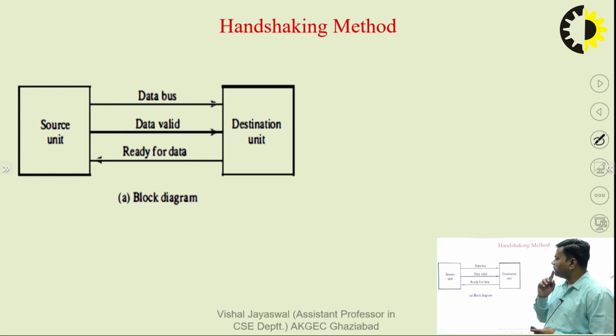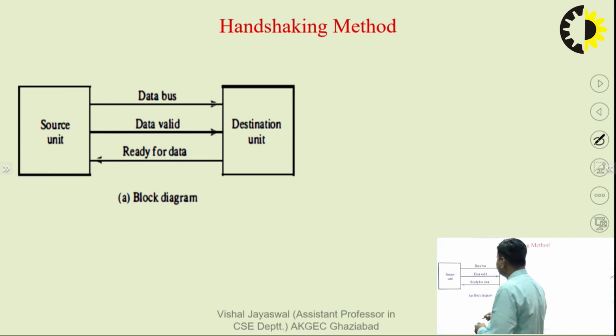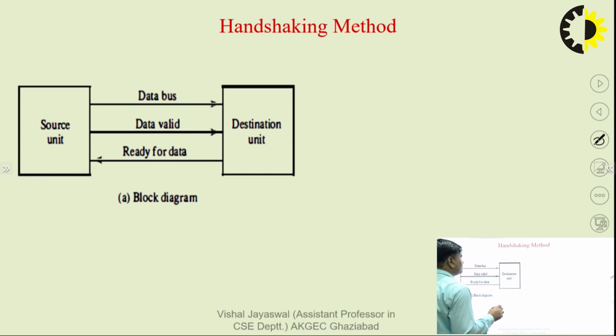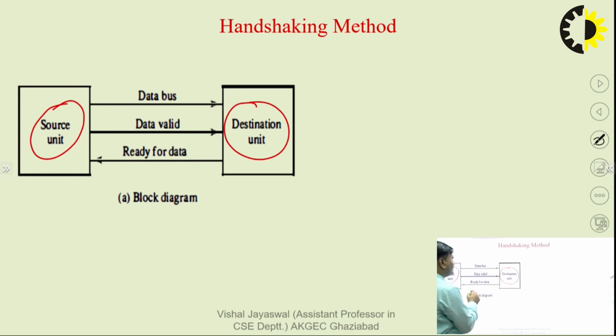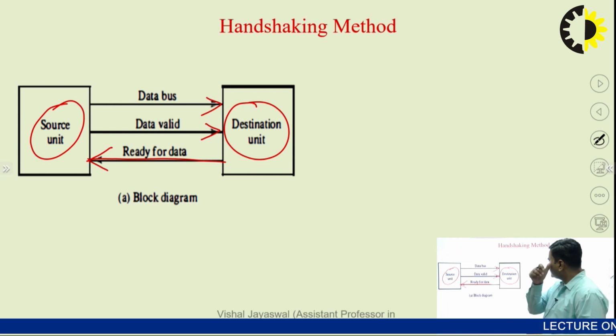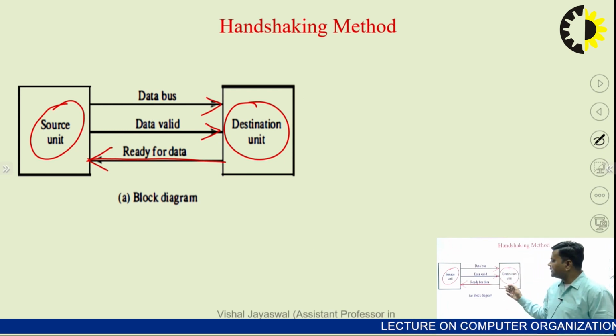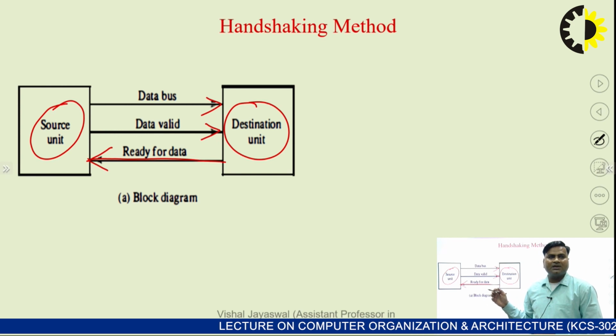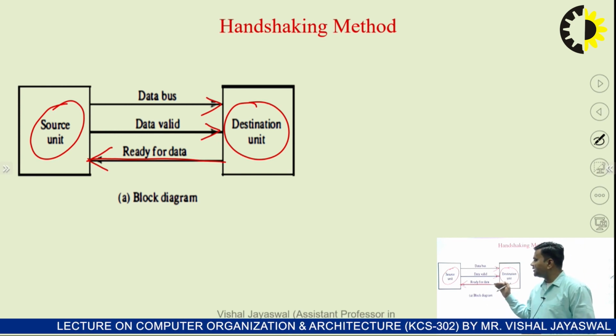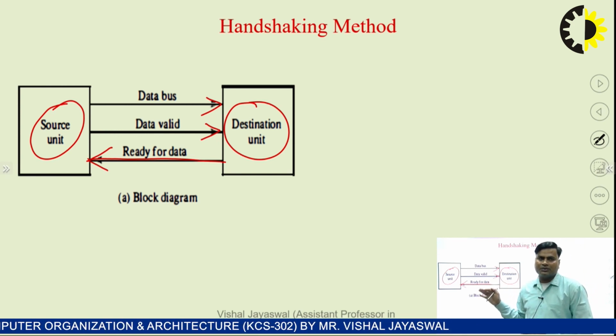This is the case of destination initiated. In this case, there is a source unit, here is a destination unit, and there is a line called ready for data, a data valid line, and a data bus. In this case, the destination starts the procedure by enabling the ready for data line to the source unit.